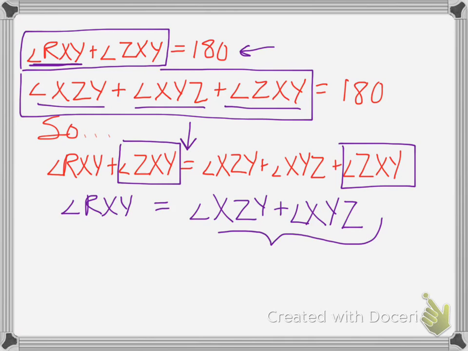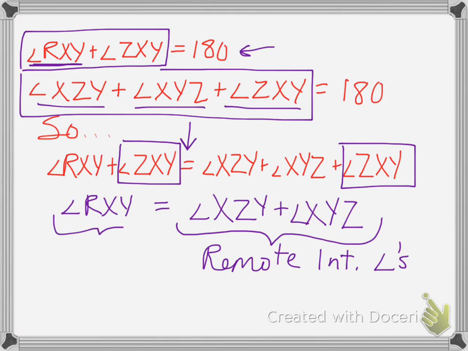These are the remote interior angles, and this is the exterior angle. Okay, so that's an informal proof. It's more than just believing that it's true and using it, we've actually shown it to be true. So check your work. You're going to have different letters here probably, but just make sure the logic is the same.